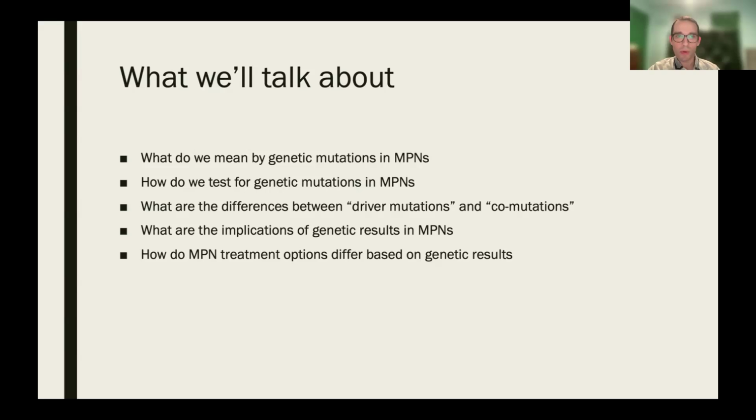But I still think it's important that we touch briefly on what driver mutations are and how they factor into the treatment of MPNs. We'll talk about what the different results of genetic testing might have on your treatments and the recommendations your physician discusses with you. Then, how do treatments of MPNs differ based on those results? And what might the future hold for personalized medicine approaches in this space?